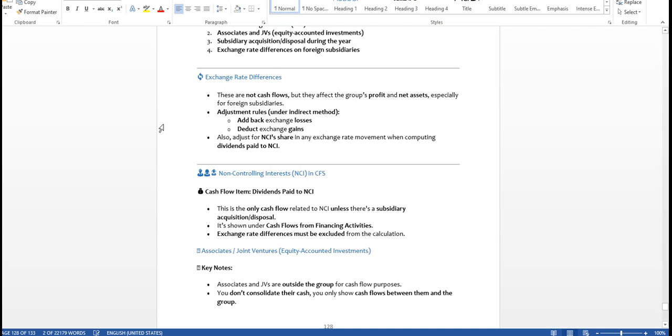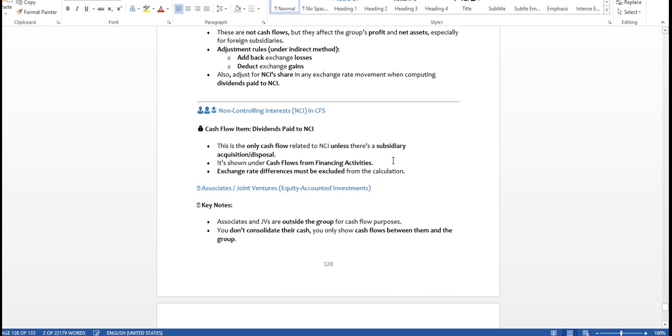Now, associate or joint venture under equity accounted investment. The note is that associates and joint ventures are outside the group for cash flow purposes. So we don't consolidate their cash. We only show the cash flow between them and the group, the movement of cash between the associates and the group.